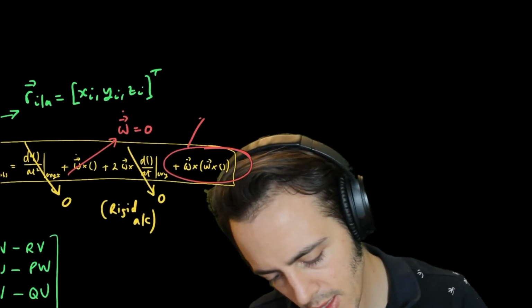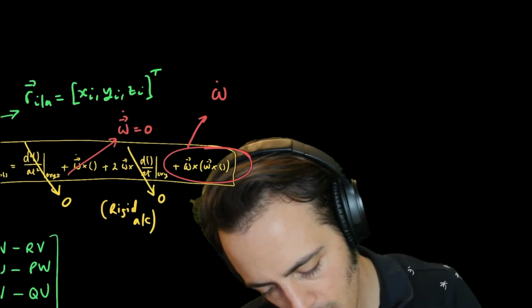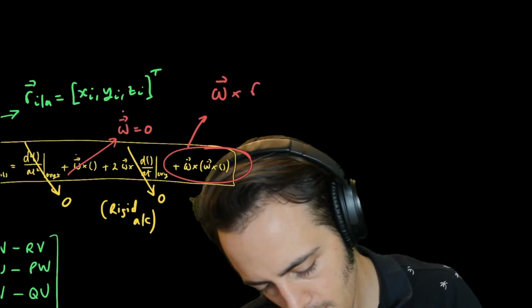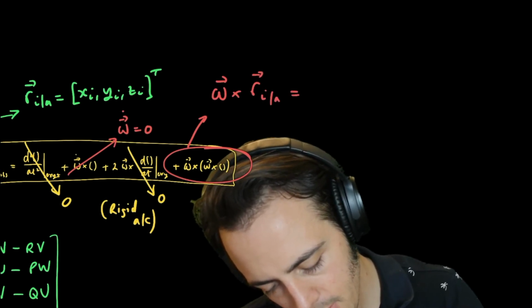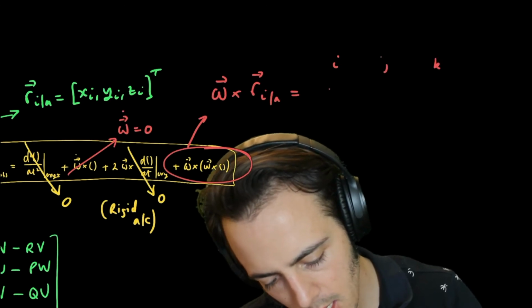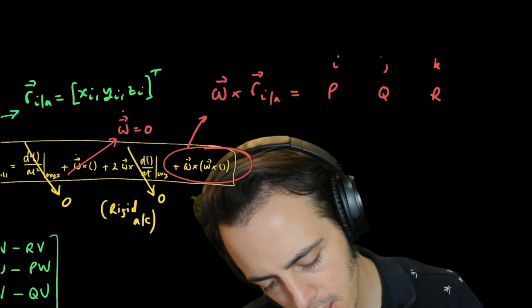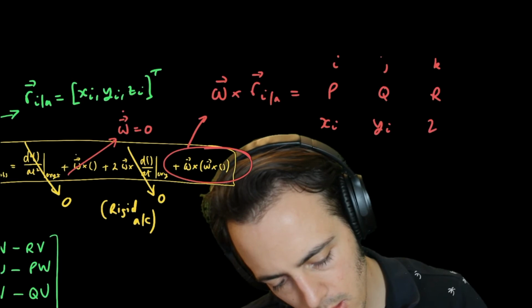Okay, so we've actually only got this last term to deal with. So let's determine this. We'll do the omega cross R I on A first. I, J, K, P, Q, and R, Xi, Yi, Zi.